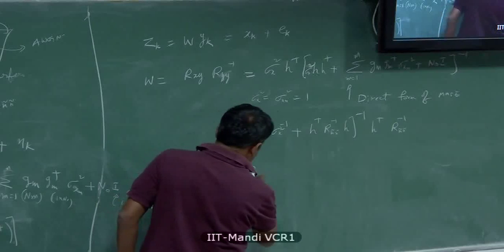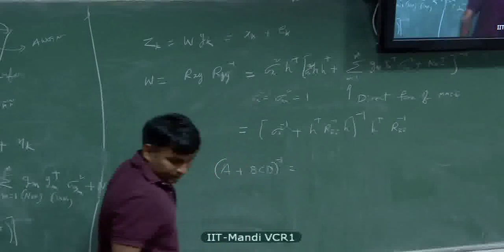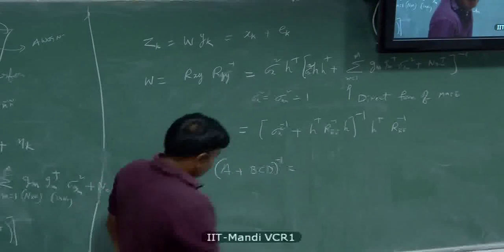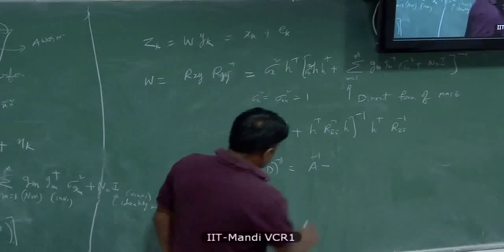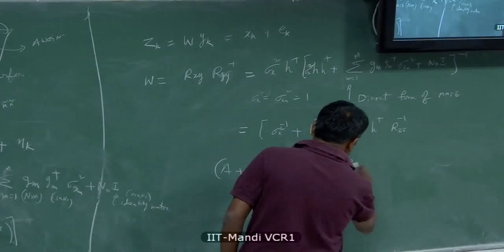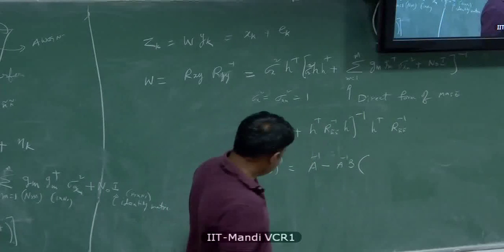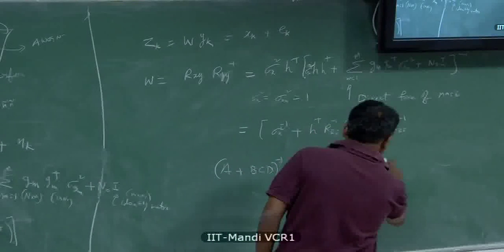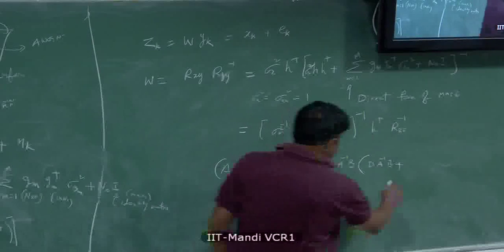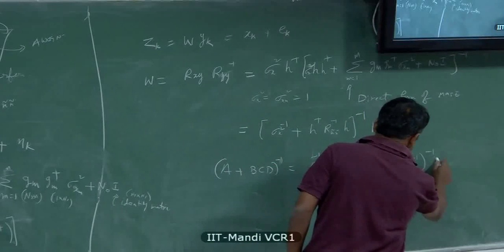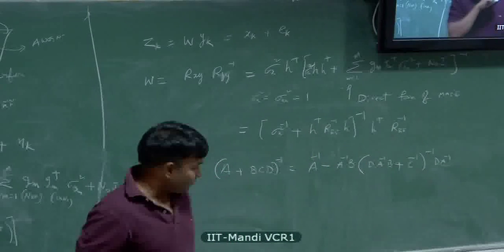A plus BCD whole inverse is equal to A inverse... X square is a scalar.